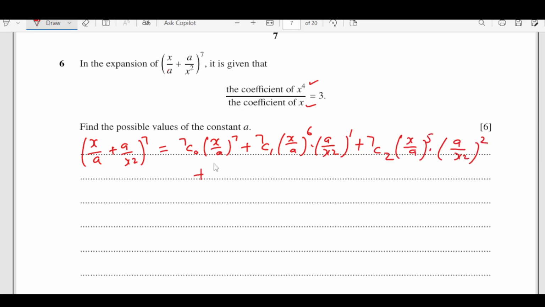Then plus we have 7C3 (x/a)^4 (a/x^2)^3.